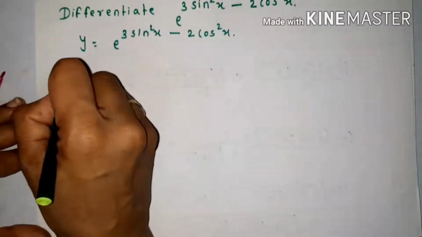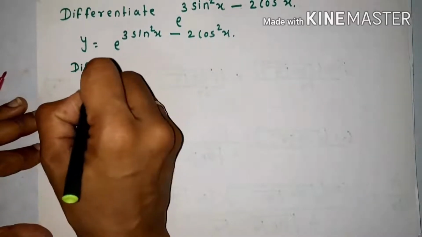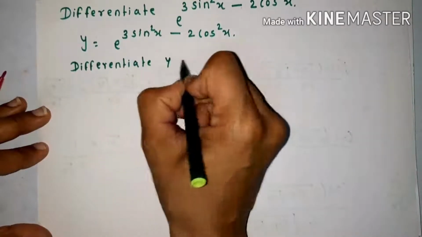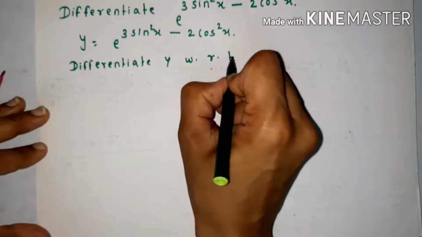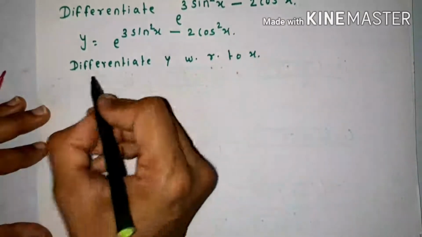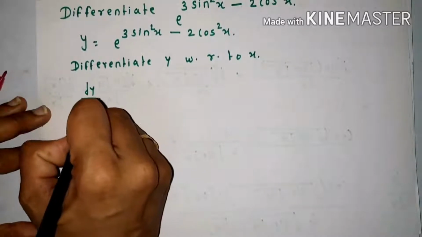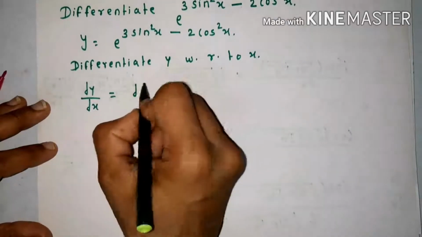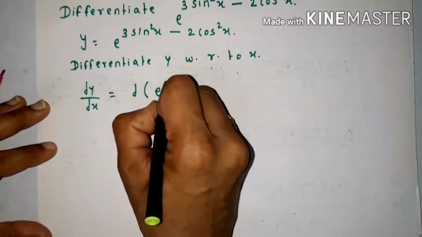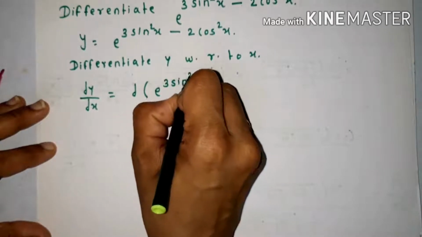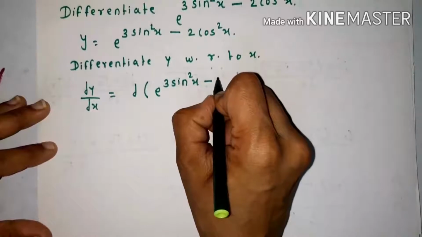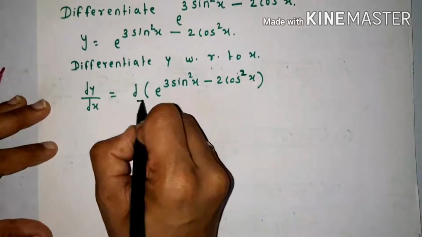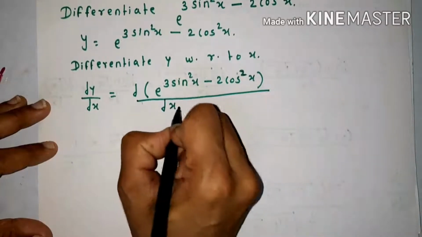Now differentiate y with respect to x. Therefore, dy by dx equal to differentiation of e raised to 3 sine square x minus 2 cos square x with respect to x.